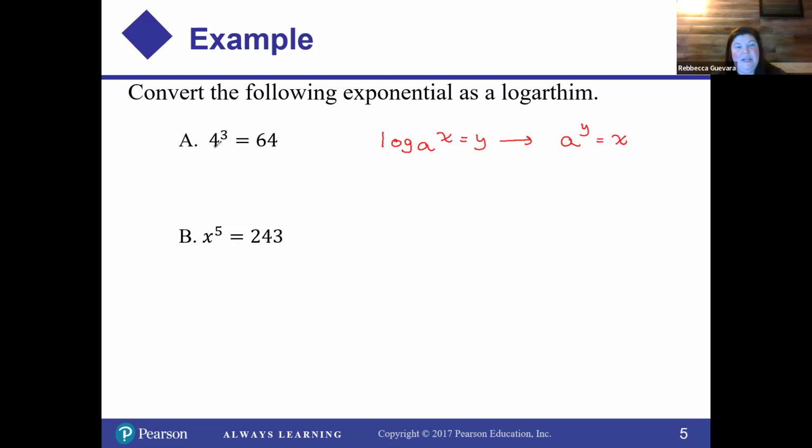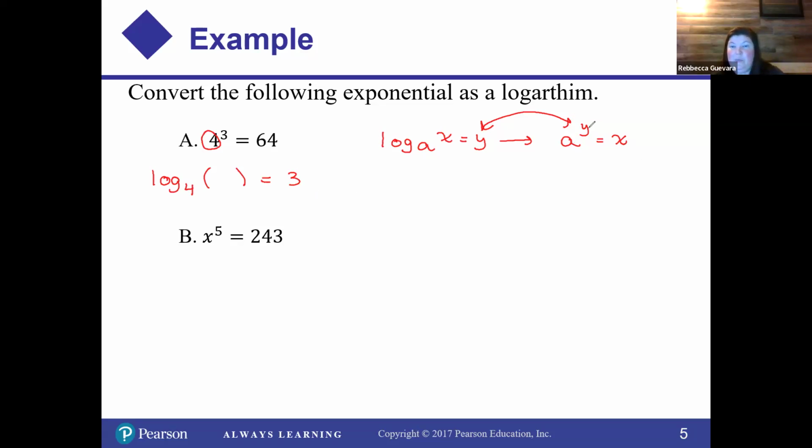So what we see here is that my base is going to be the 4. So I'm going to do a log base 4. If you notice here, this y becomes the exponent. So we're going to take that exponent of 3, and that is what this should equal to.